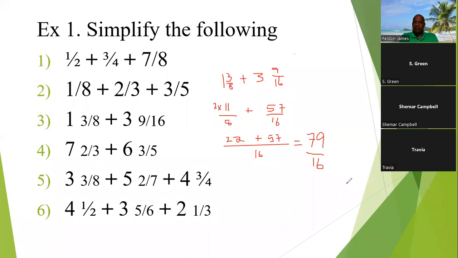Well, apparently it's 4. Yeah, I think so, it's 4. So we would have 16 into 79 goes 4 times, and what is the remainder? 15. So it is 4 and 15 over 16.